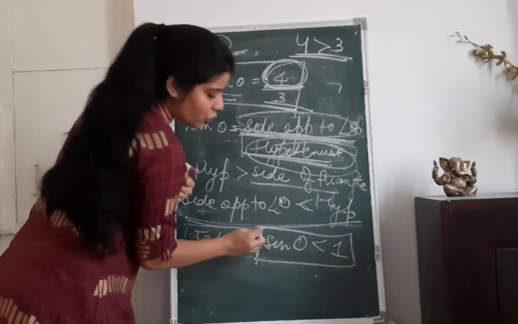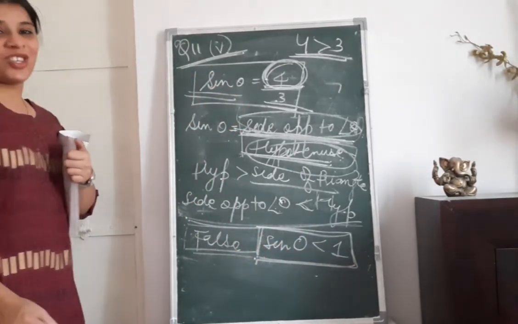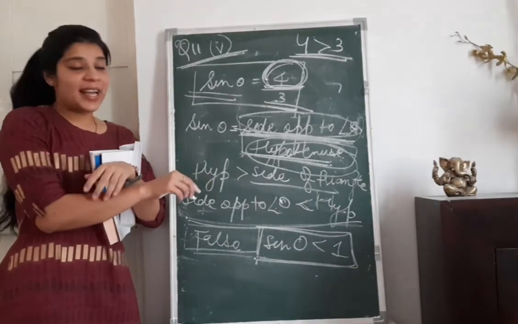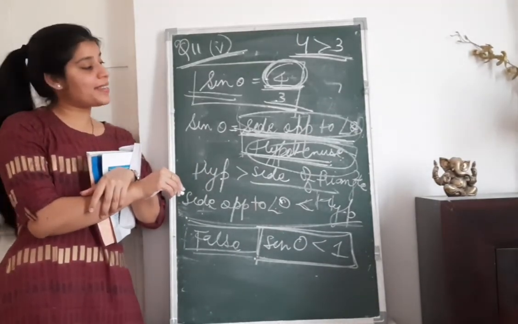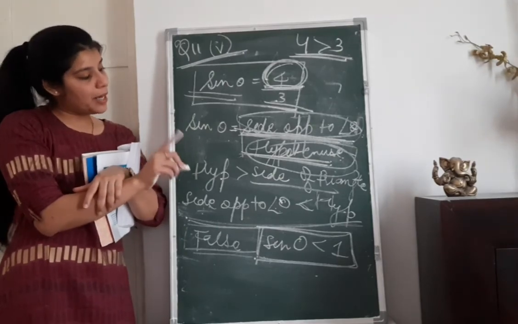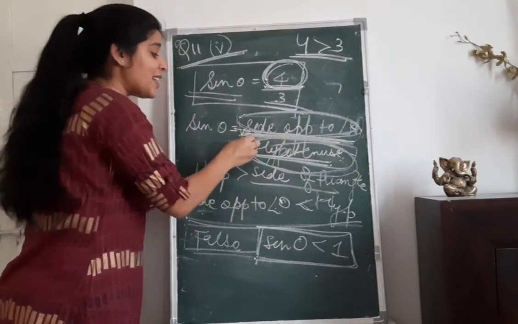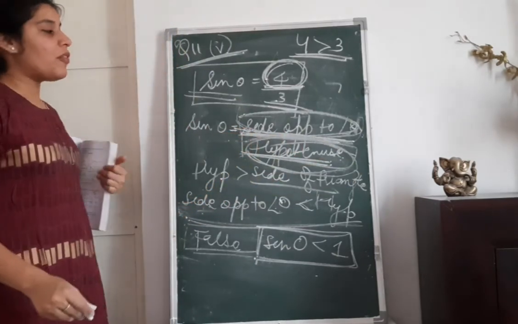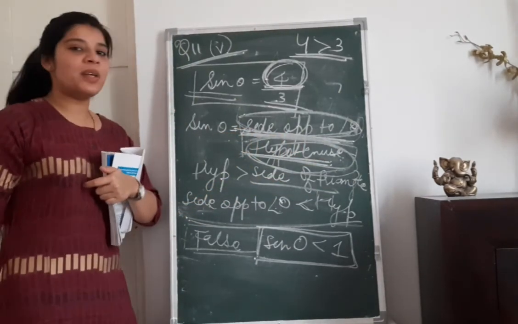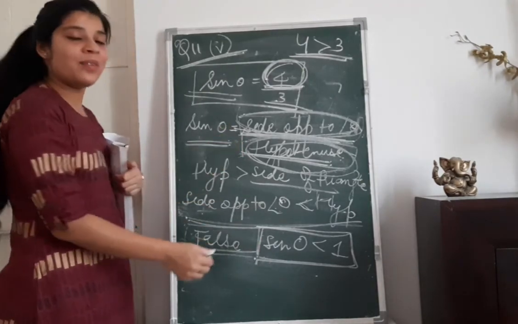Very important thing to remember, which can be used in questions a lot of times, that sin theta always has to be less than 1 because side opposite to angle theta will always be less than hypotenuse. Therefore, the value in the numerator will always be less than denominator, and then sin theta has to be less than 1.